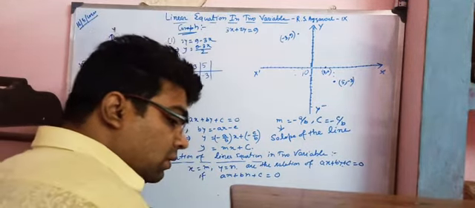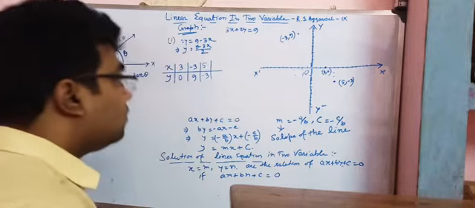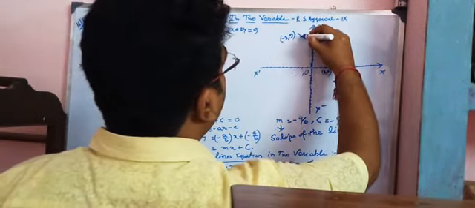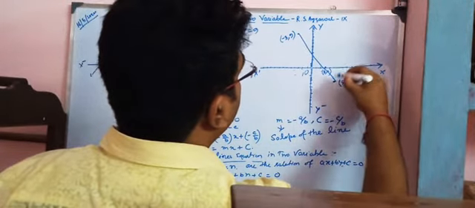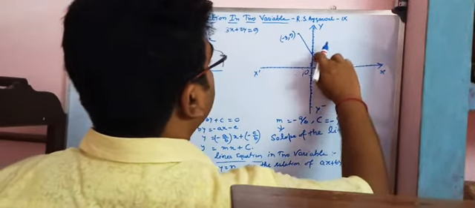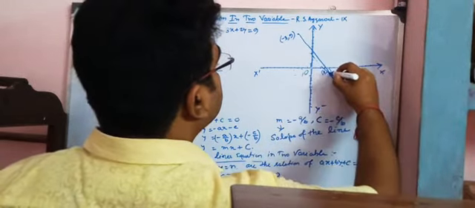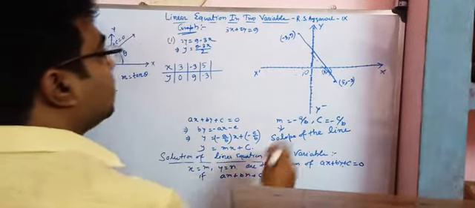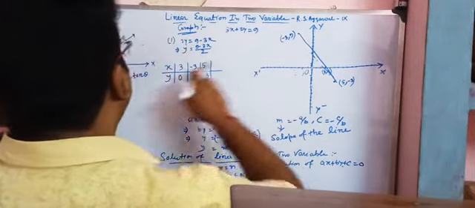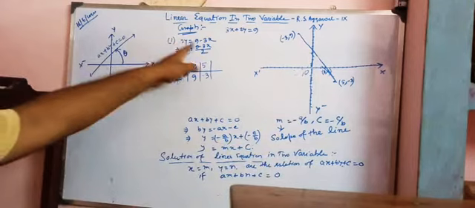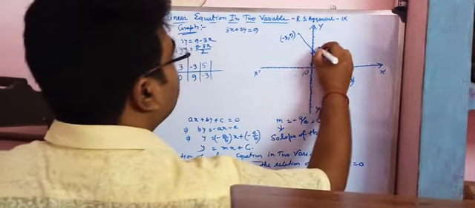Now if we join these points with a scale, we are getting a straight line like this. Okay, so this is the required representation in graph of this straight line, 3x plus 2y is equal to 9.